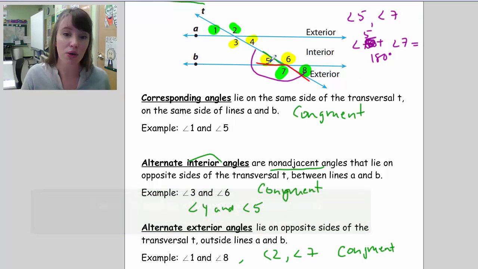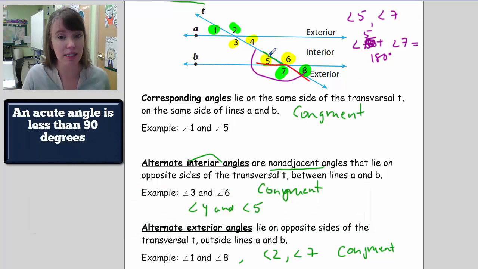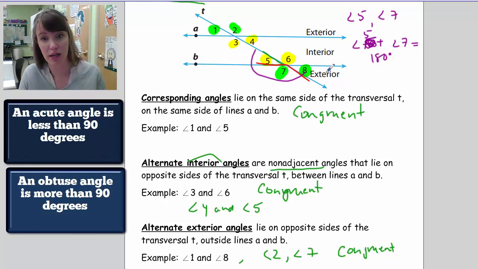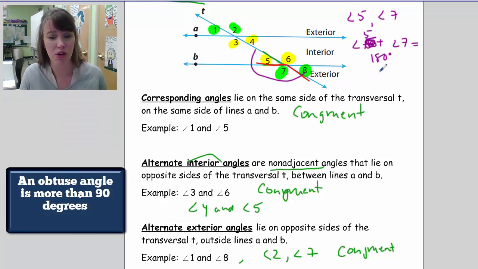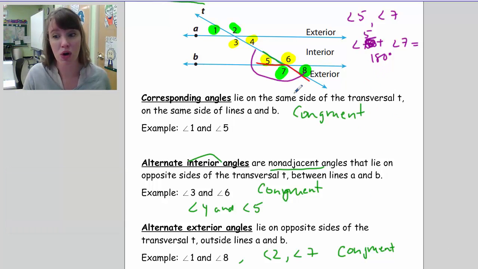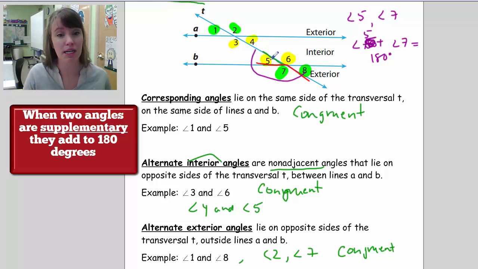Also, notice that angle 5 is an acute angle. It's less than 90 degrees. And angle 7 is an obtuse angle. It's greater than 90 degrees. So I also know that they're not going to be congruent. But I do know that they are supplementary, meaning together they add to 180 degrees.